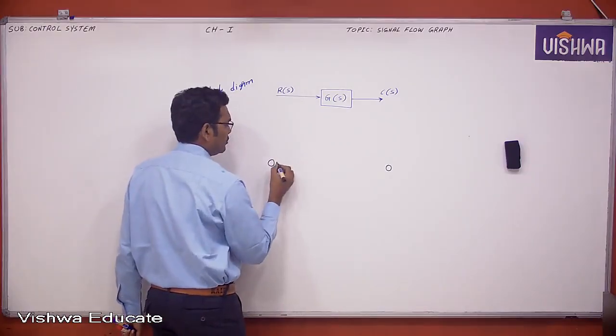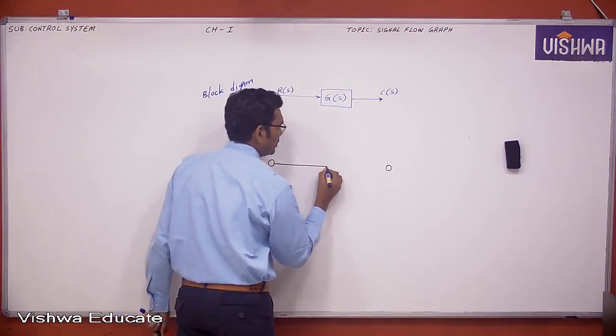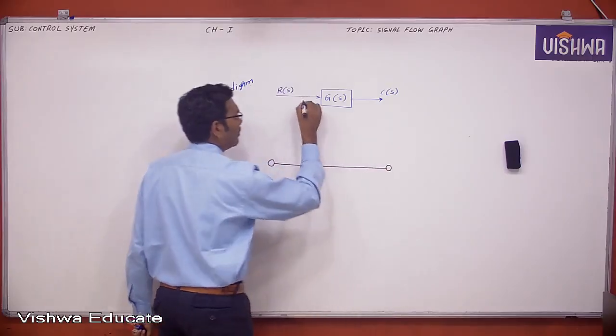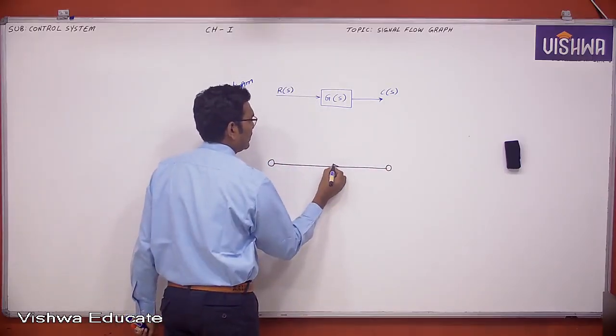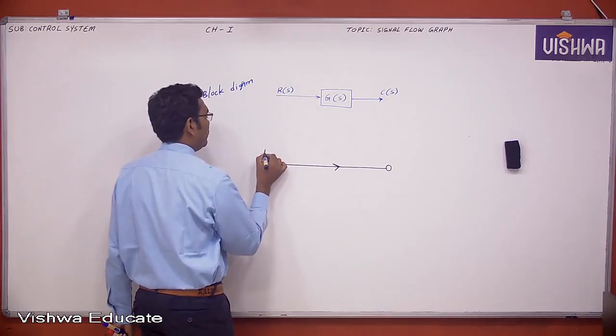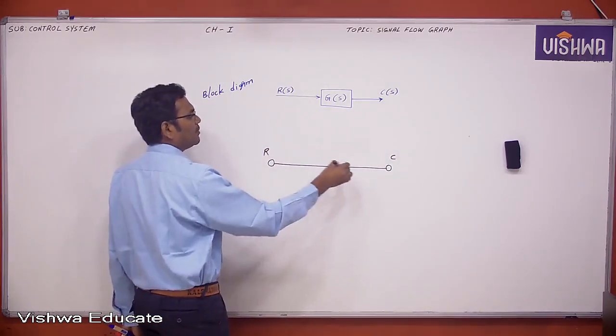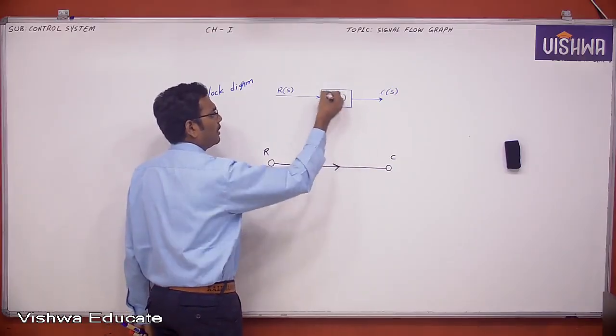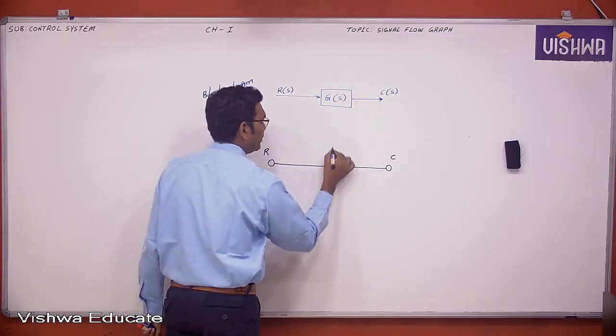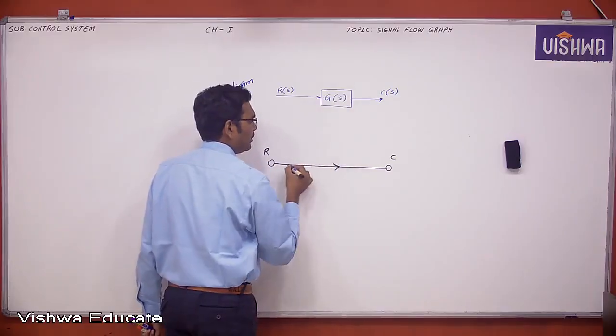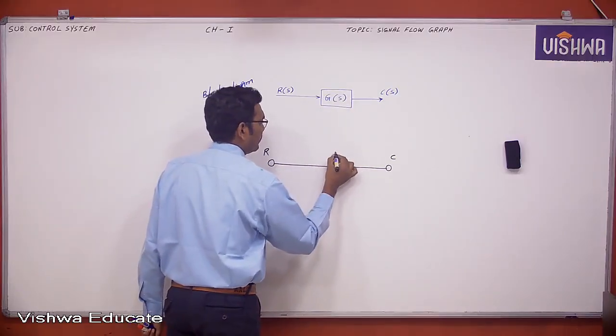Between these nodes you connect a line with a direction. This is the input node and this is the output node, and in this signal direction, this is the gain. That gain you can take in terms of a block, and here it is on the line itself.